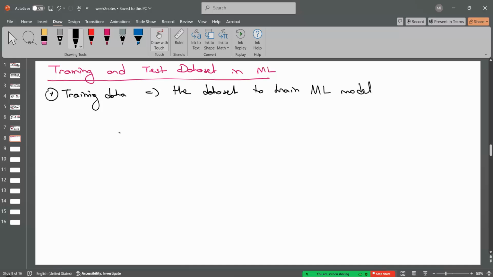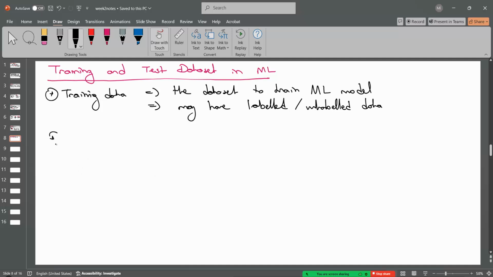This can have labeled or unlabeled form. This is called the training data, used to learn some properties coming from the measurements or the data.